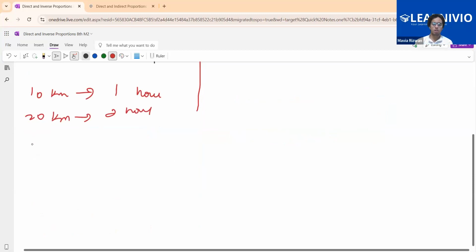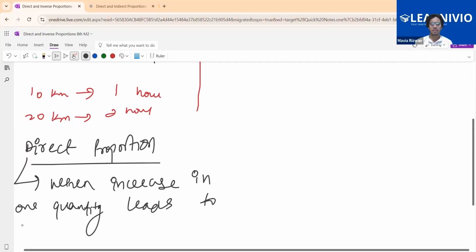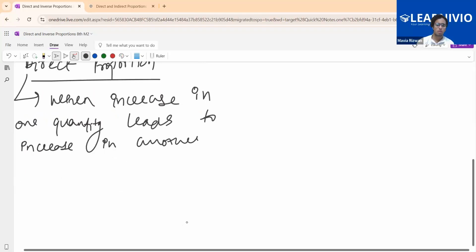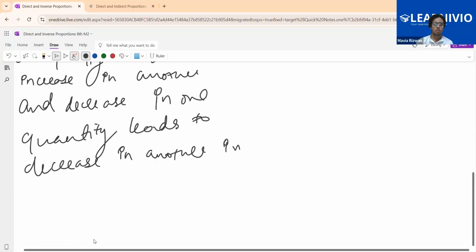I like the definition. Direct proportion is when an increase in one quantity leads to an increase in another, and a decrease in one quantity leads to a decrease in another, in a fixed ratio.